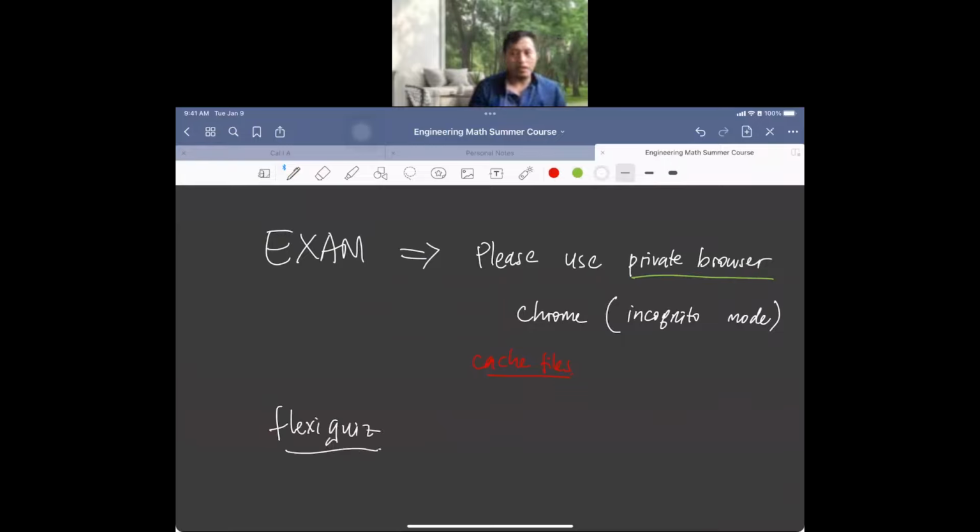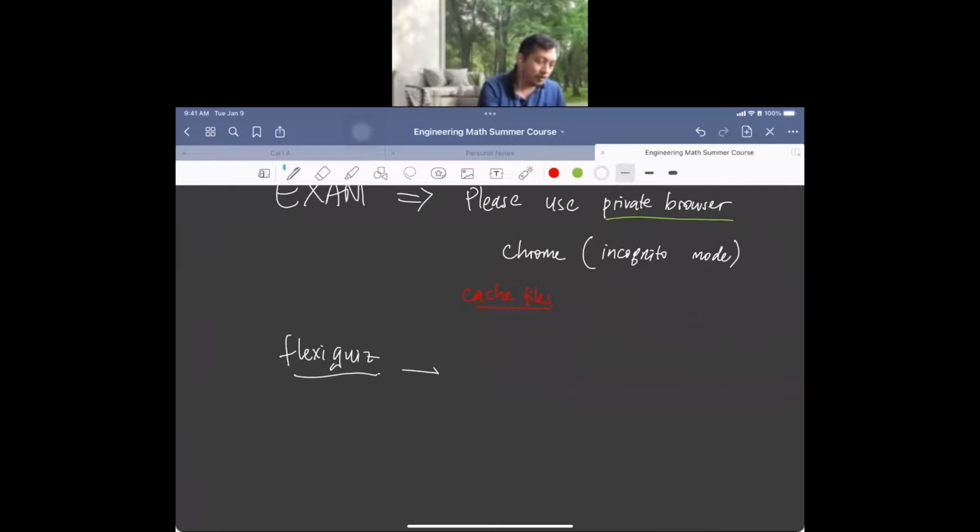Okay, there are several types of questions. Usually, sometimes we have the match descriptions. I think there is no problem with this. It's still just click and find which one is your answer.